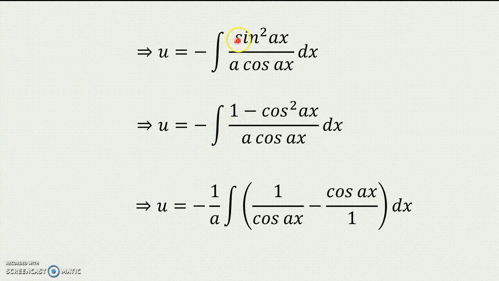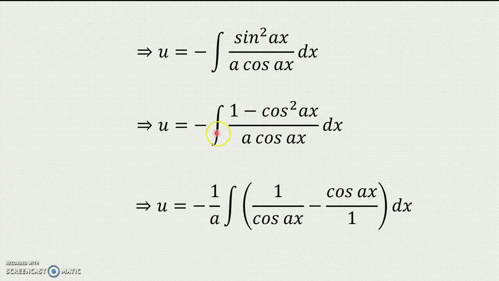In the next step we write sine square ax by this formula, 1 minus cos square ax upon a into cos of ax, because cos square theta plus sine square theta is equal to 1, and therefore sine square theta can be written as 1 minus cos square theta. Here theta is replaced by x, so we get the expression for sine square ax, which is nothing but 1 minus cos square ax.